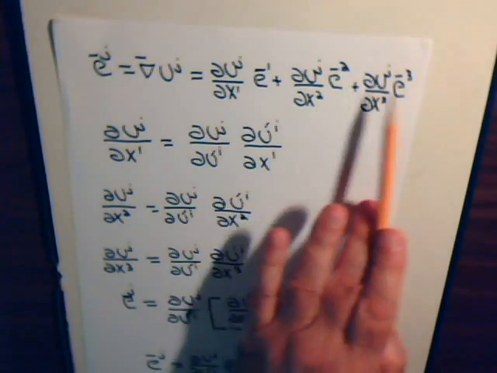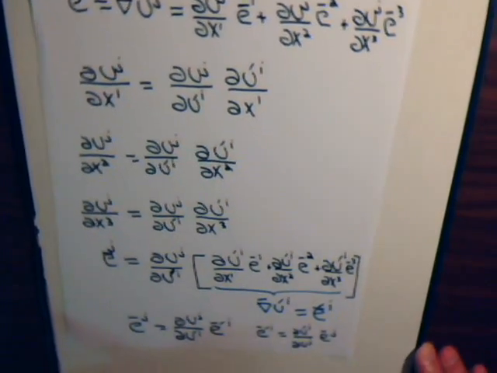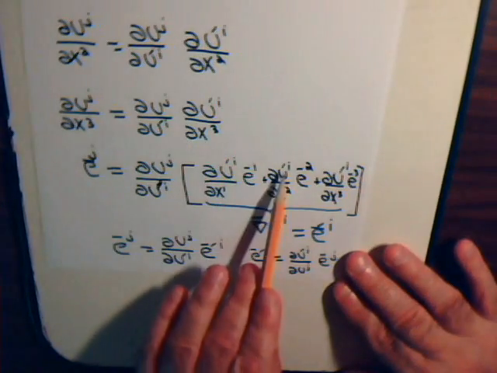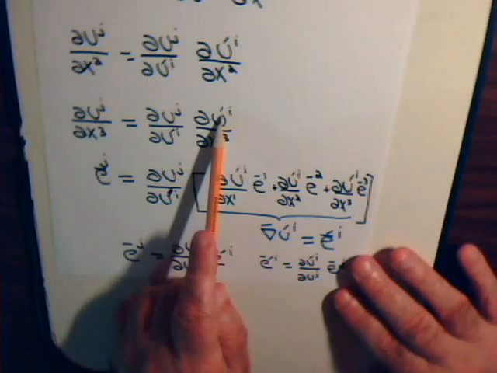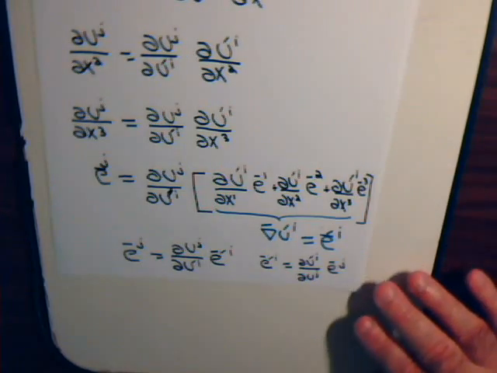These tangential vectors are not unit vectors. We've explained that in the previous videos. Then we have the partial of u_i prime with respect to x2, and that's times this tangential vector. And then we will have the product of u prime i with respect to x3 times this tangential vector.